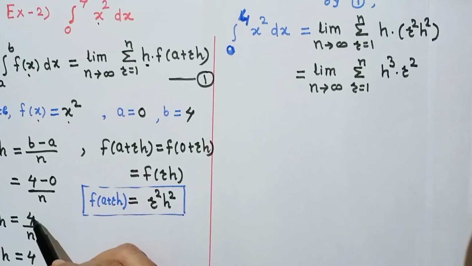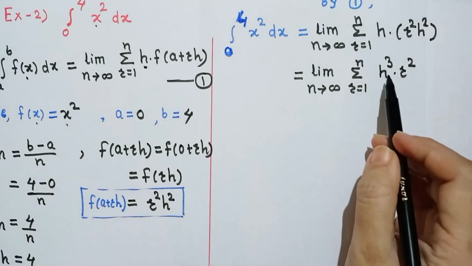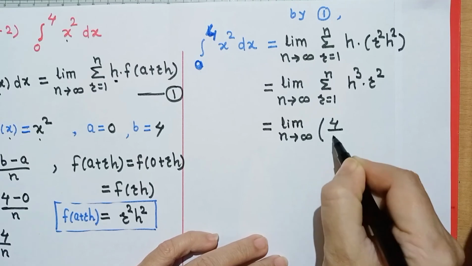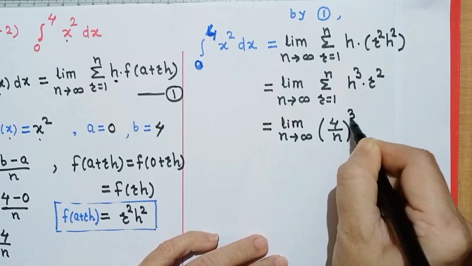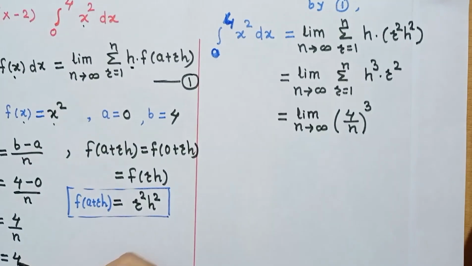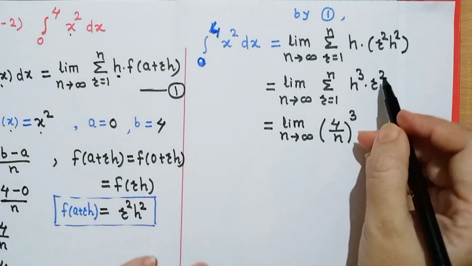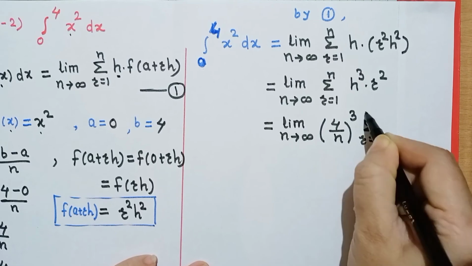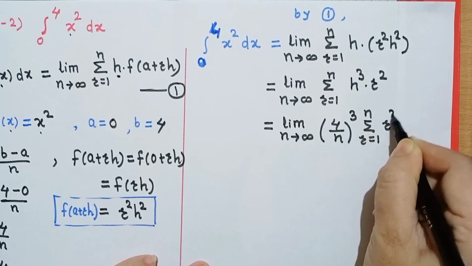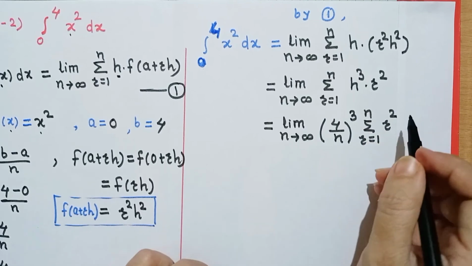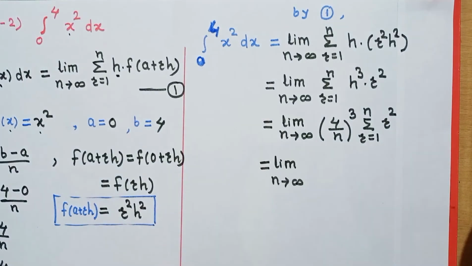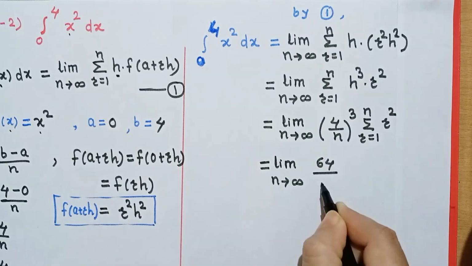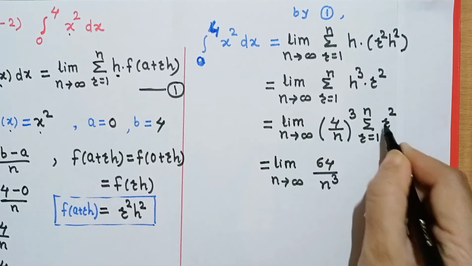Value of h is this 4 upon n. We will substitute here. So 4 upon n cube, and then summation r running from 1 to n into r square. We will use here the second formula, and this cube is 64 and n cube.